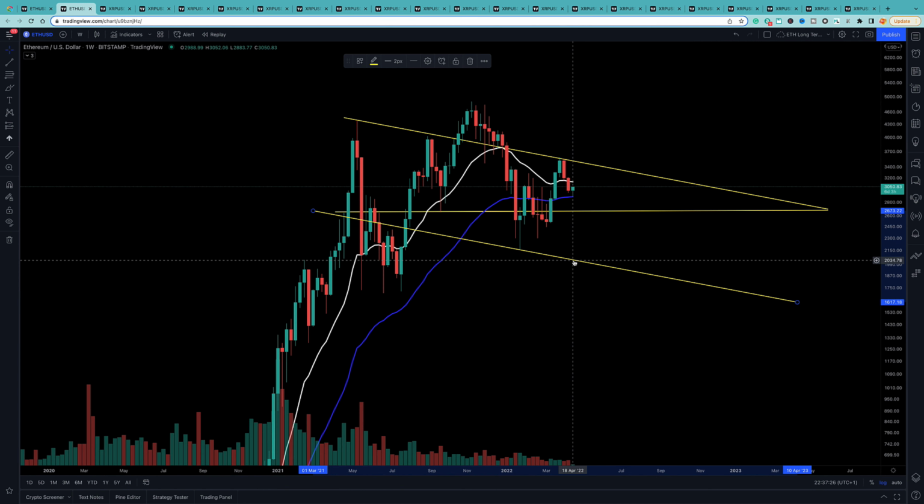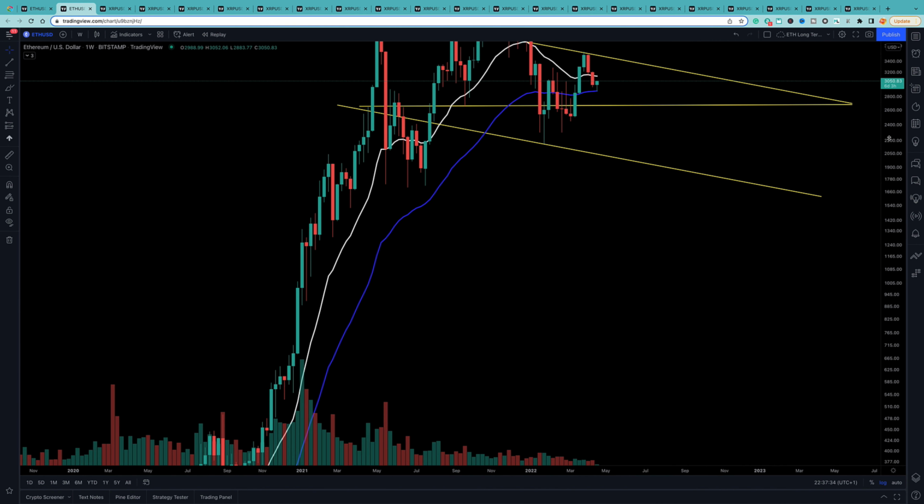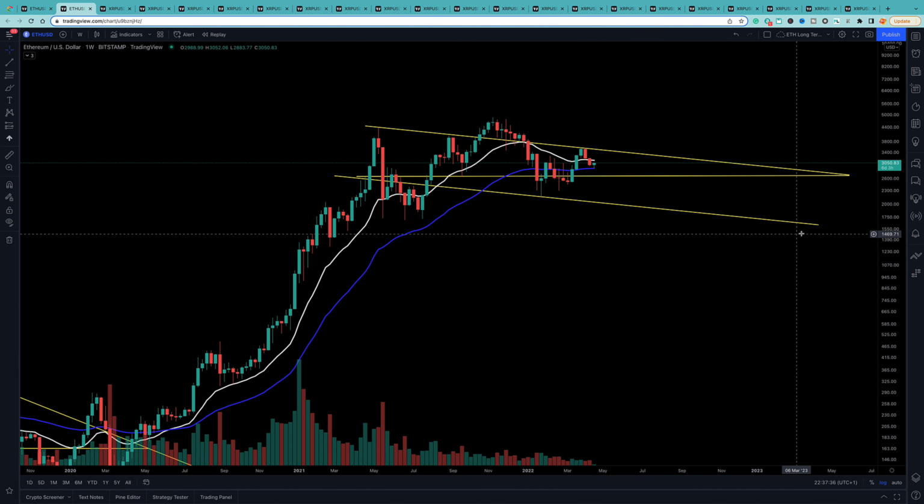Okay. And as it stands, this line here is at 2042. Okay.